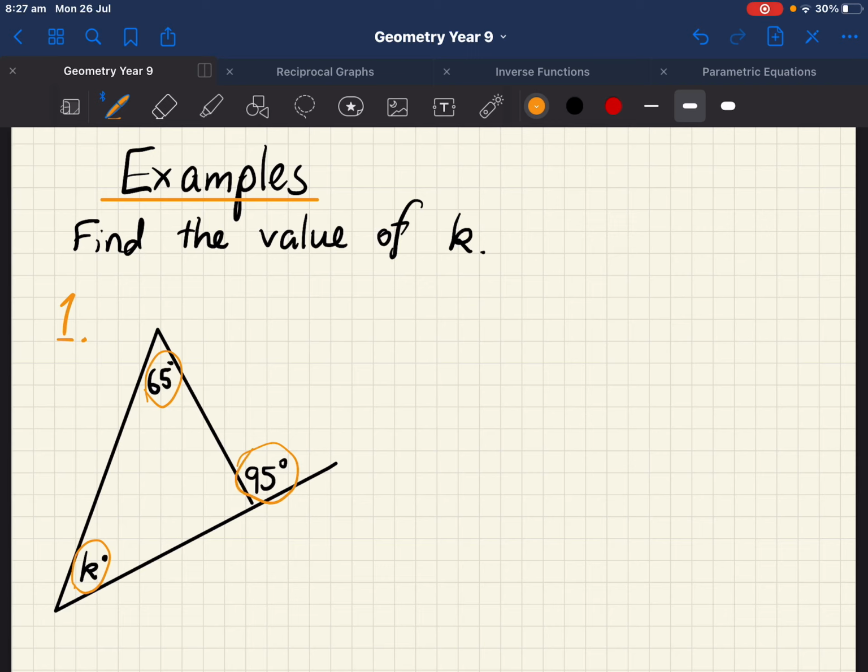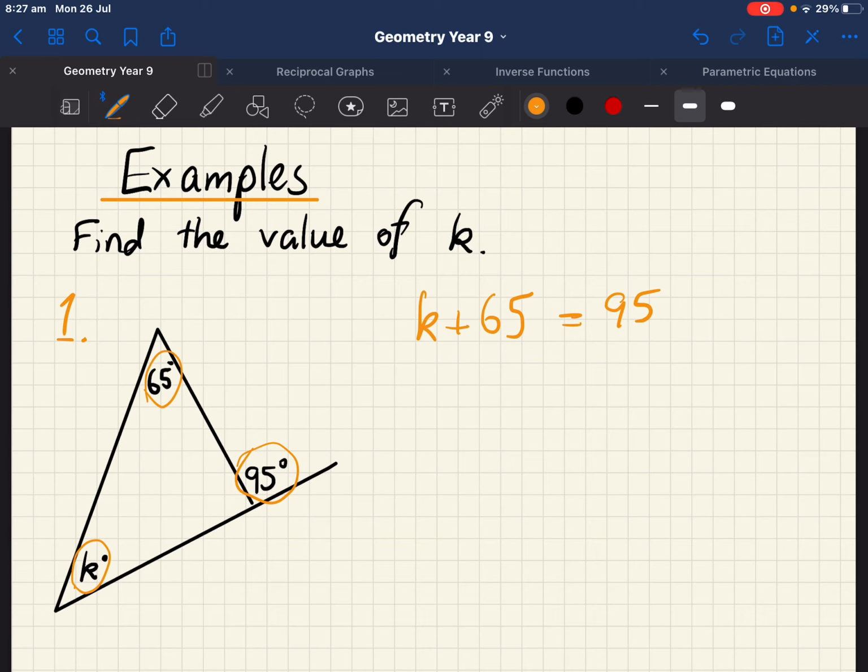So we write that out, k plus 65 will add up and equal the size of the exterior angle, 95 degrees. Hopefully you recognize we actually just happen to have an equation here. Not only that, but it doesn't even simplify. We can go straight to the solving. We're trying to find the value of k.